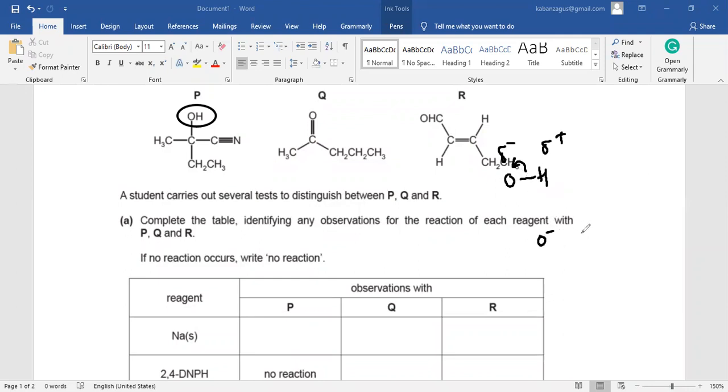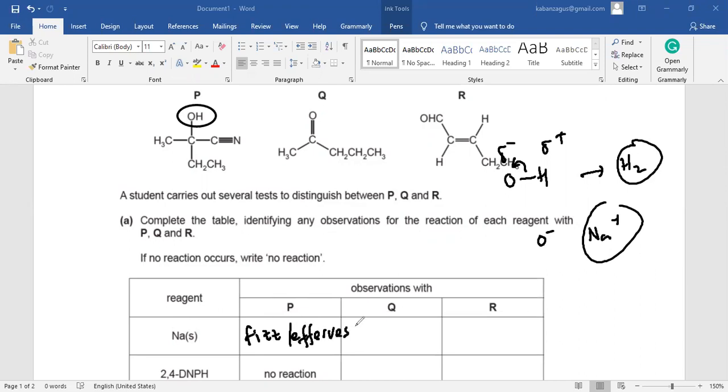Therefore, you would have a negative charge, and this negative will be attracted to Na plus, the reagent Na. When the hydrogen is expelled from the OH functional group, it will give you hydrogen gas. So P reacting with Na will give you effervescence.